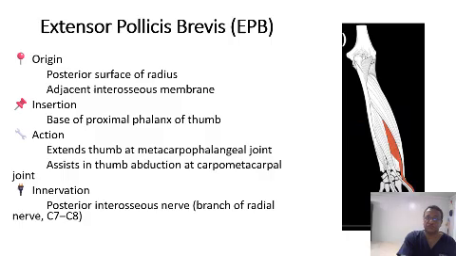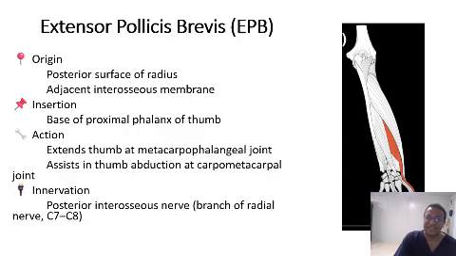Continuing with the thumb extensors, let's focus on the extensor pollicis brevis or EPB. This muscle originates from the posterior surface of the radius and the interosseous membrane, placing it just lateral to extensor pollicis longus.